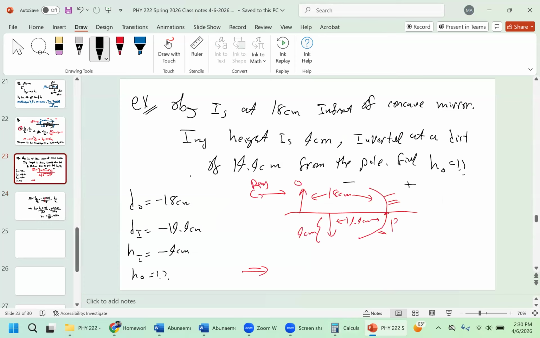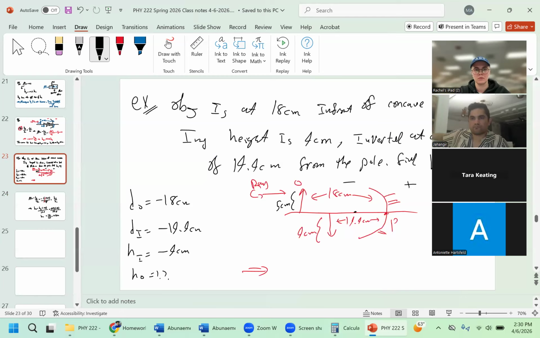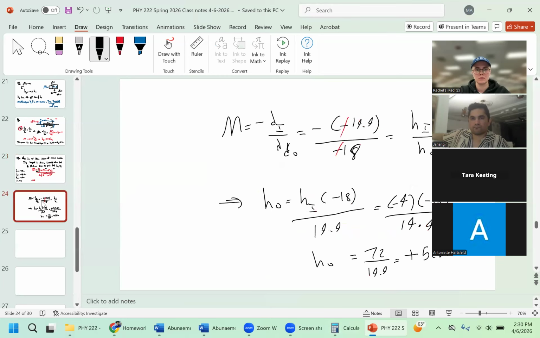So basically, this one would be right over here. Oh, sorry. This one will be 5 centimeters. And notice it's positive, so we are on the right track because it is up. Does that make sense? Are you with me so far?